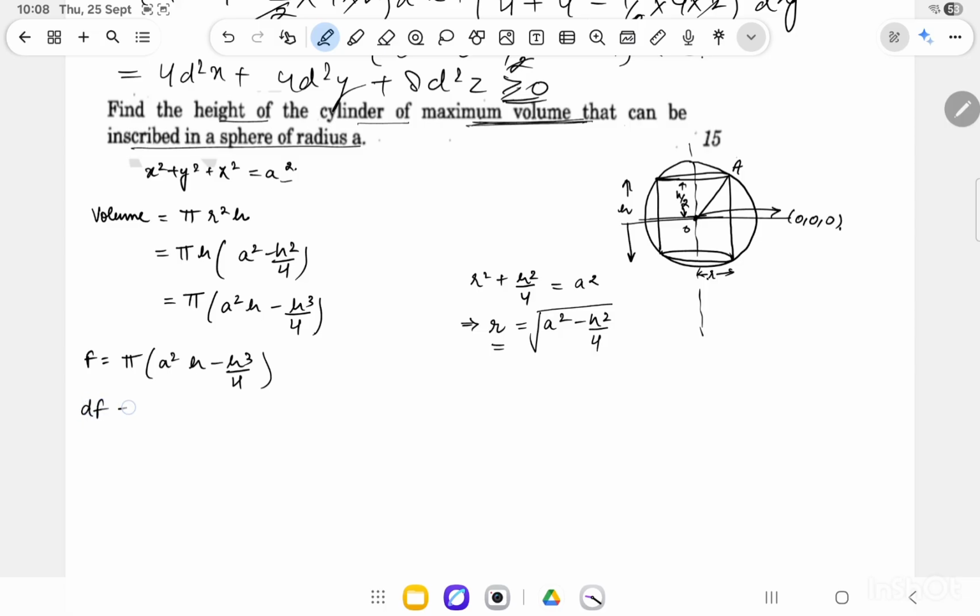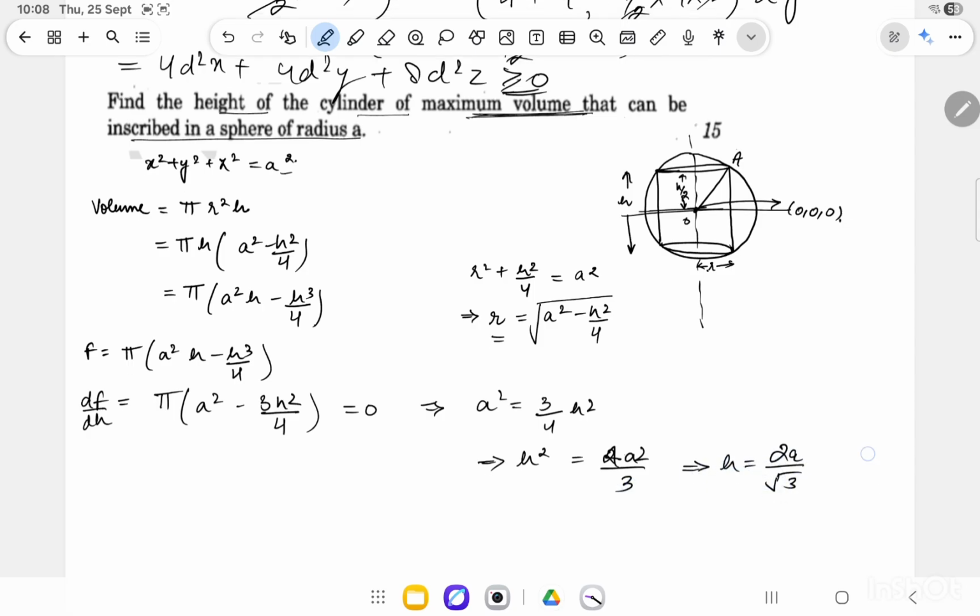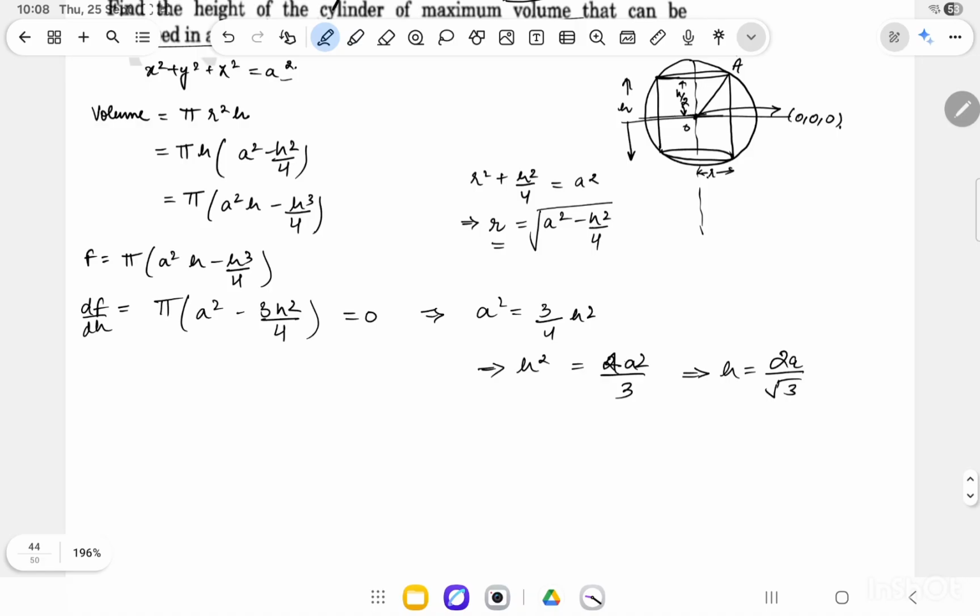So df by dh will be basically pi into a square minus 3h square by 4. So it will give us critical points when a square equals 3 by 4 h square. So from here h square will be 4a square by 3. That basically gives us h as 2a by root 3, because height will always be positive, so I am taking only the positive value.